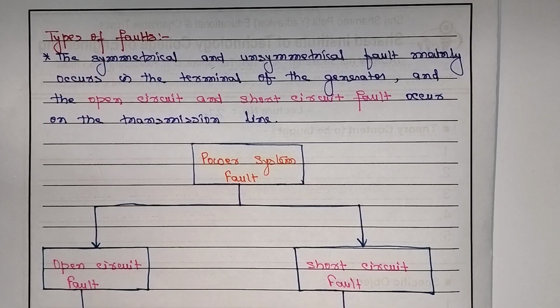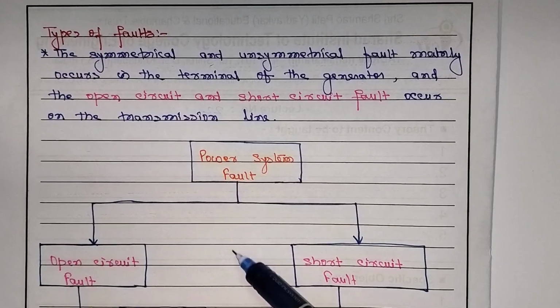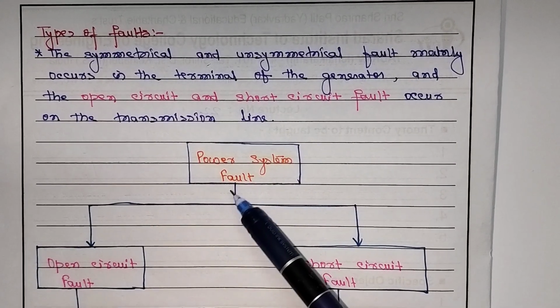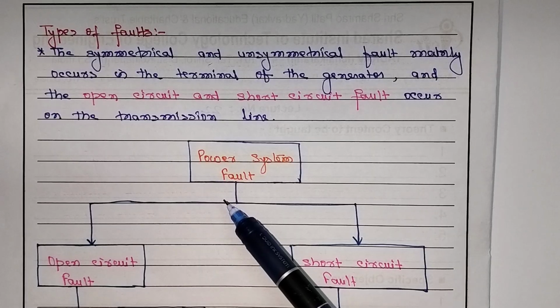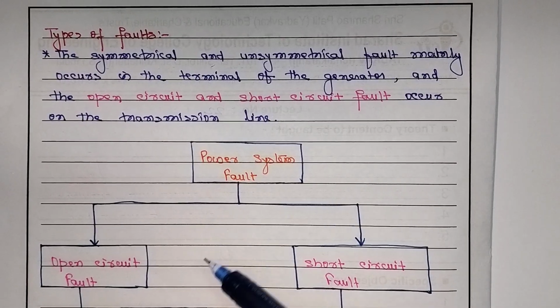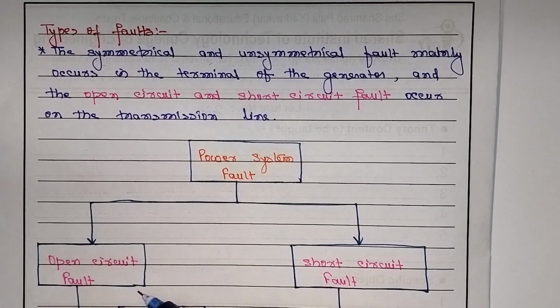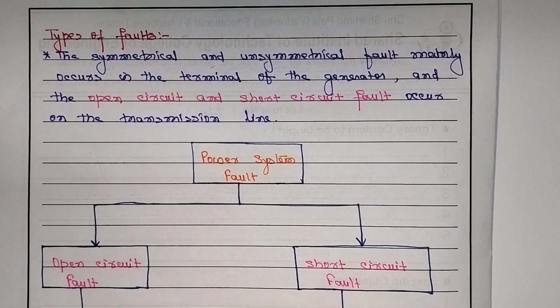Now the faults. The first word that came here is the fault. Faults are abnormal conditions that disturb the normal operation of any power system devices. They are broadly classified into open circuit faults and short circuit faults.